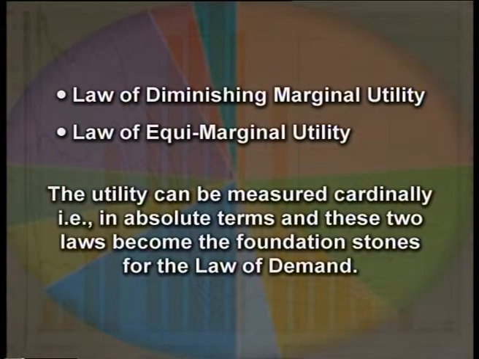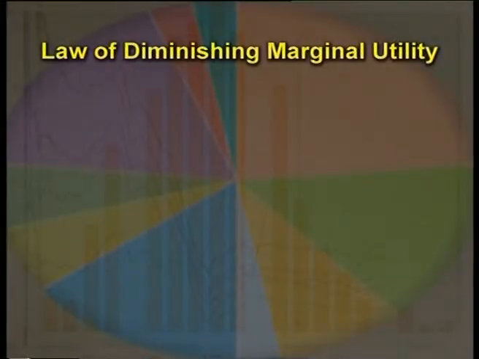And these two laws become the foundation stones for the law of demand or for the understanding of consumer behavior. And therefore, today we are going to take up the first law, the law of diminishing marginal utility.